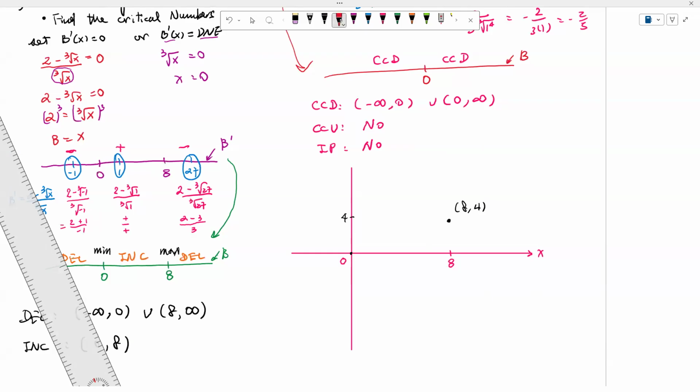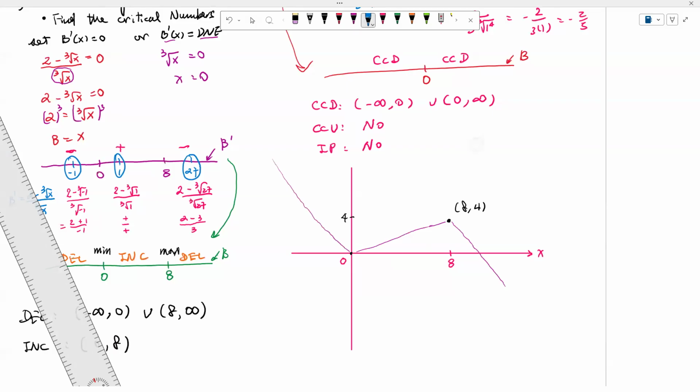And then now, basically, the function is again decreasing, increasing, and decreasing. And now we only have concave down.